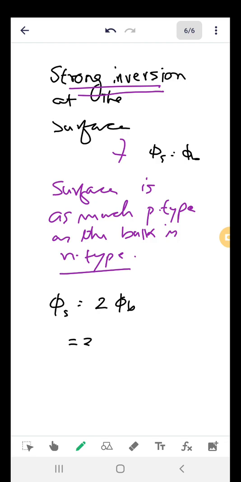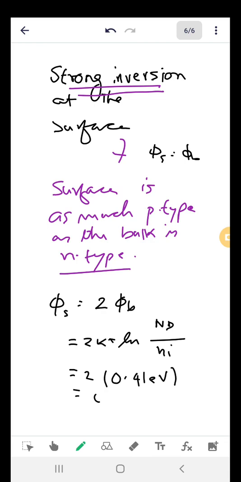So it will be simply 2 kT ln(Nd/ni). So it will be 2 times the previously obtained value, 0.41 electron volts, that is 0.82 electron volts. So the voltage required for strong inversion is 0.82 volts.